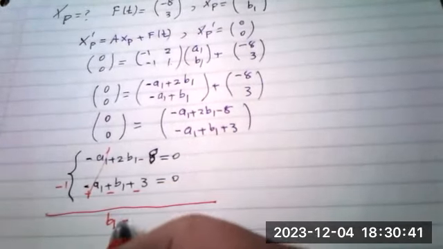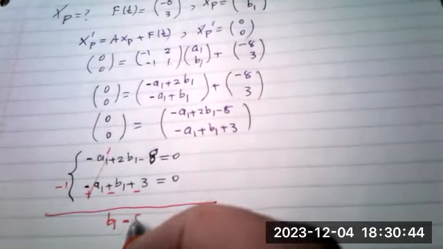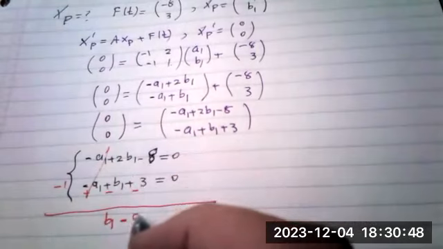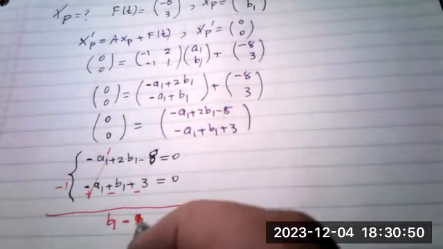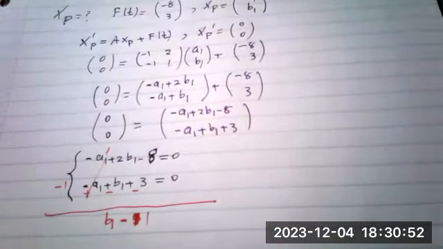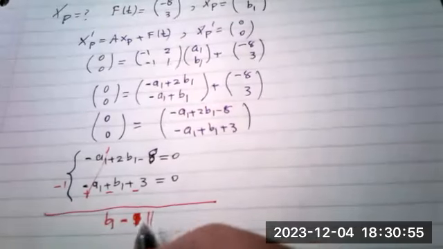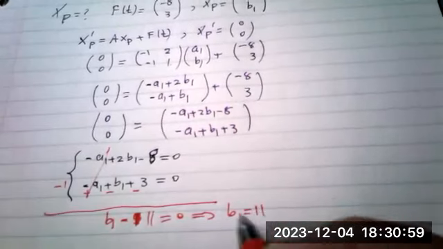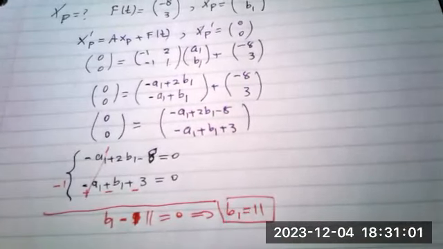And this would be minus 5. Oh, sorry, minus 11. It's -8 minus 3, that gives minus 11, equal to 0. So B1 would be 11.